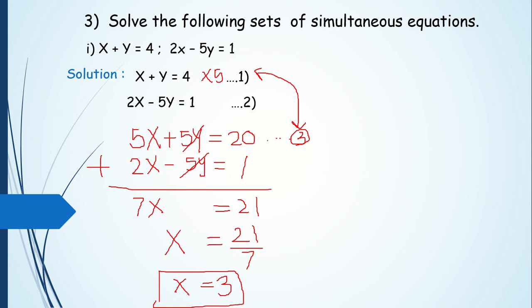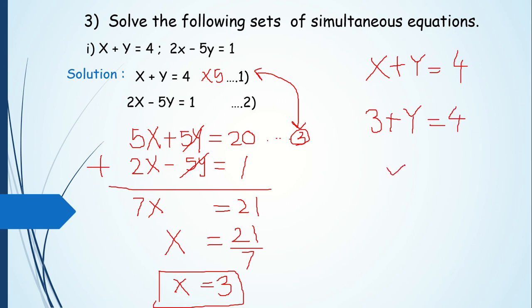Now this value of x is equal to 3, I can substitute in any of the equations, 1, 2 or 3, and I will get the value of y. But this is the simplest equation. x plus y is equal to 4. So I will say, substituting the value of x in equation number 1, value of x is 3. So in place of x I will put 3 plus y is equal to 4.